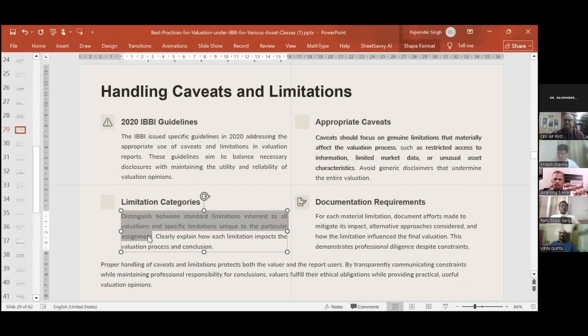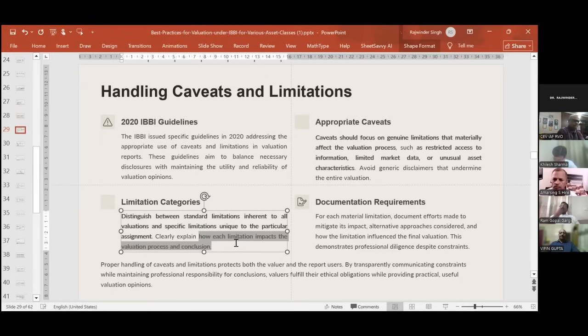That is an important thing. There are certain limitations which are generally available in all cases, but in particular cases there are certain specific limitations. So here you should clearly explain how each limitation impacts the valuation process and conclusion. That is important.